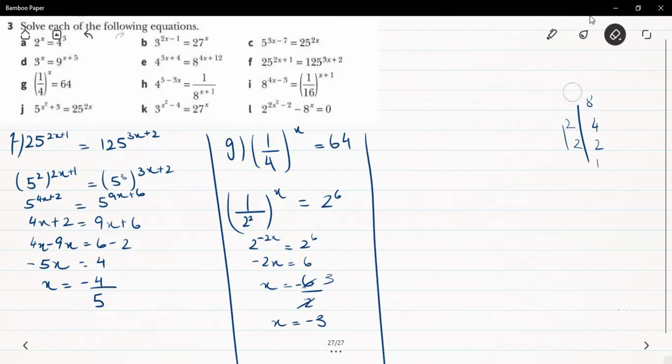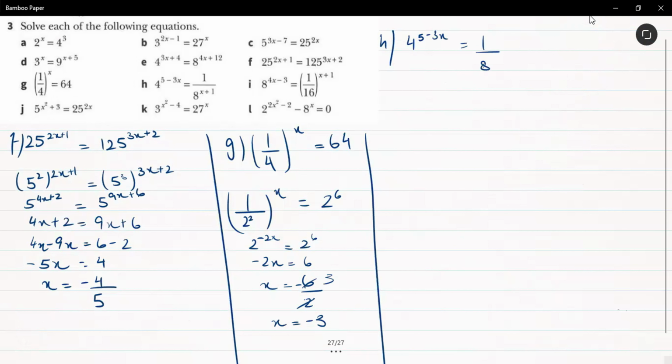For part H, what we have is 4 to the power 5 minus 3x is equal to 1 over 8 to the power x plus 1. Now again, we can't convert 4 into 8, nor can we convert 8 into 4.